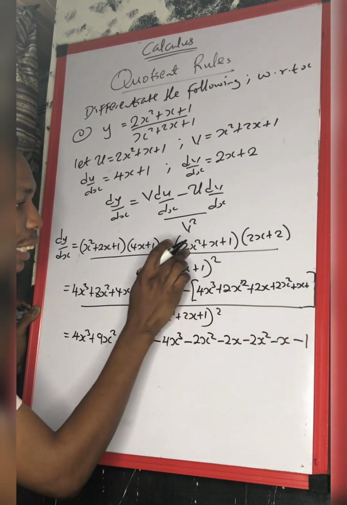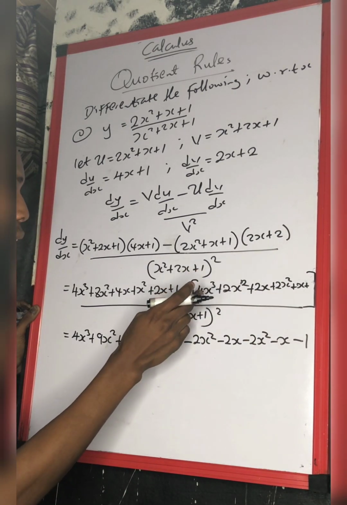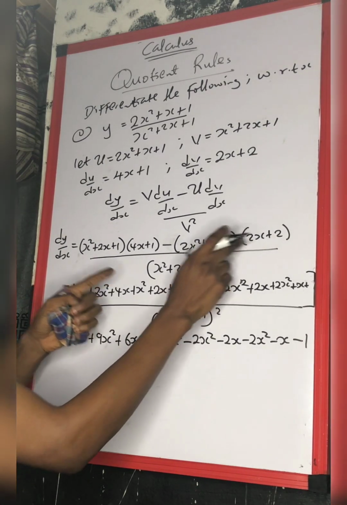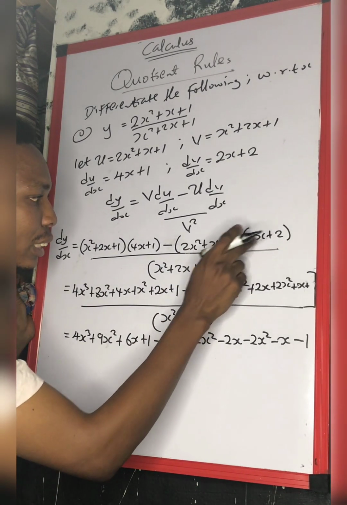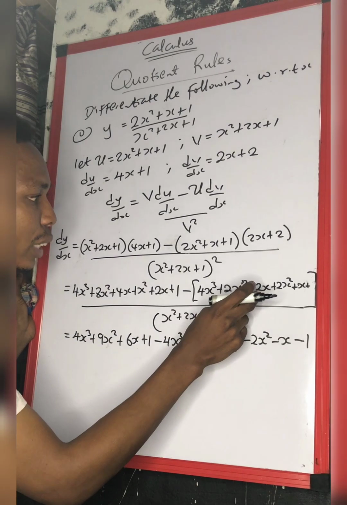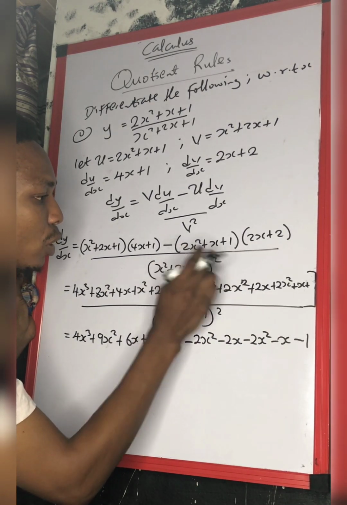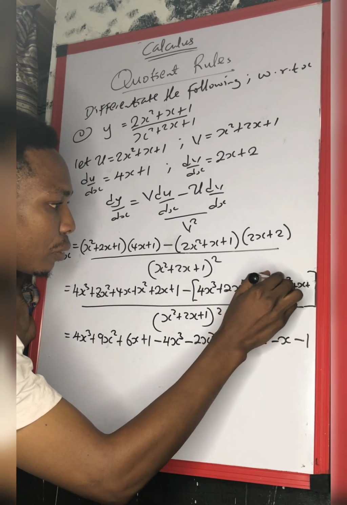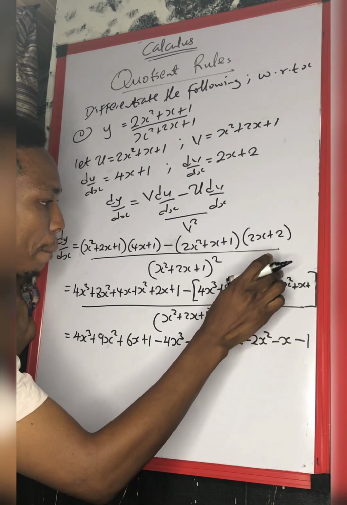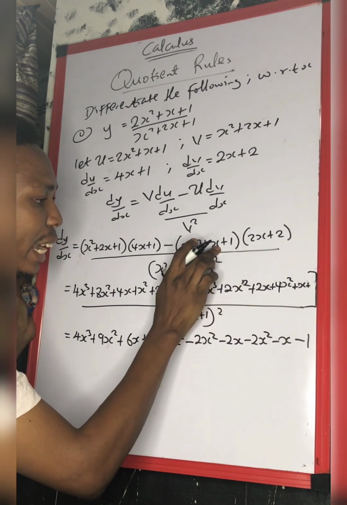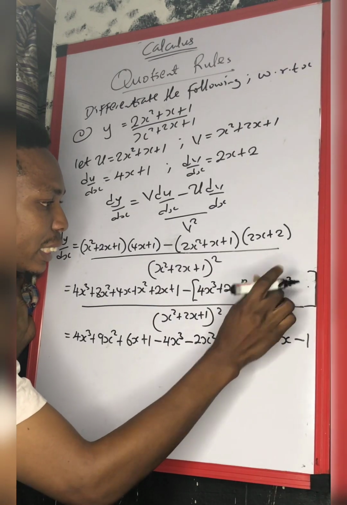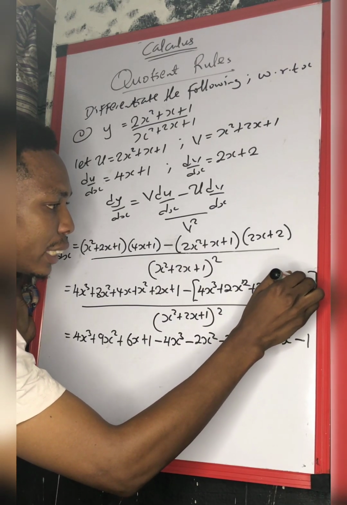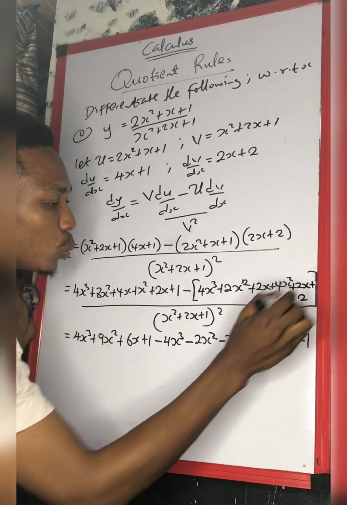2 times this will give us 4x squared. This times this gives us this. Okay, 2 times this will give us 4x squared. So 2 times x will give us 2x plus 2.